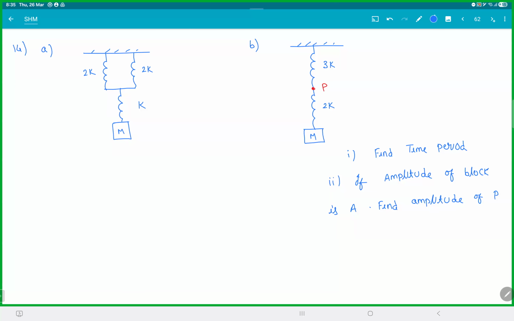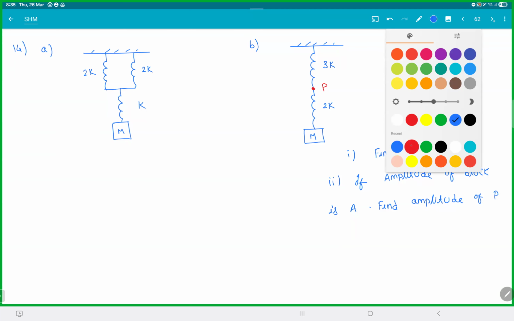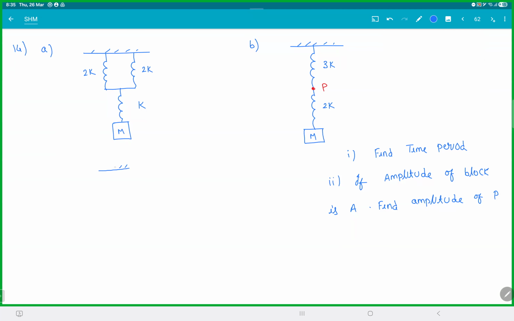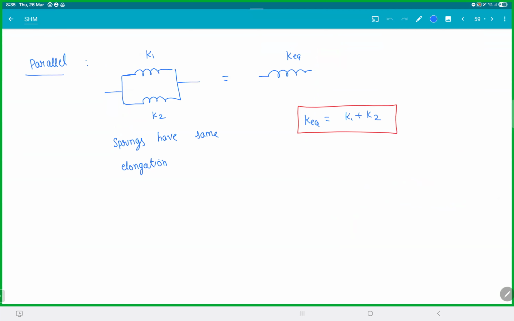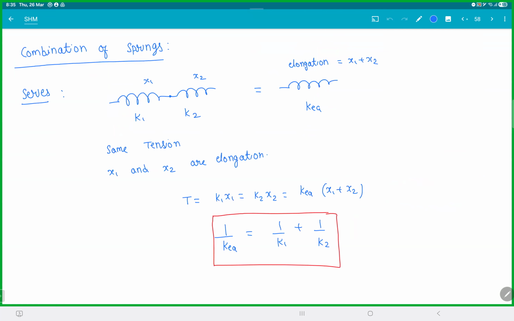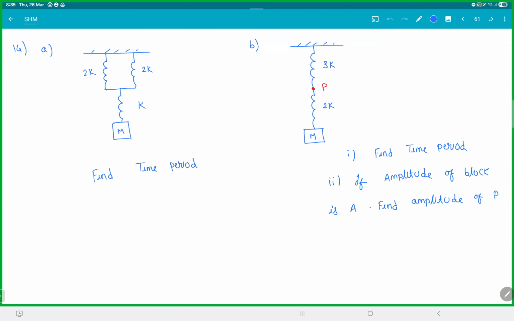So what are these two? These two are in series. 2K, 2K are in parallel. For springs, when they're in parallel, you directly add them. When they're in series, 1 by k equivalent is 1 by k1 plus 1 by k2.